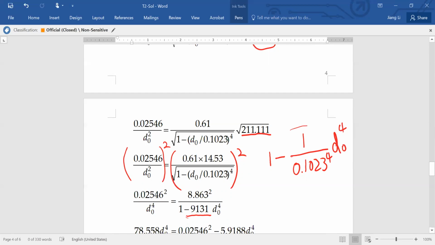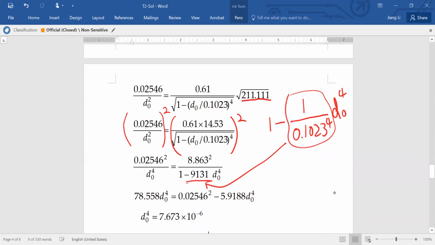So I calculate this value will give me this. Okay, so I substitute this value into here. Then the next step, you cross multiply this. You do some mathematics. Then one side you have a DO power of 4. The other side you have a DO power of 4, right?